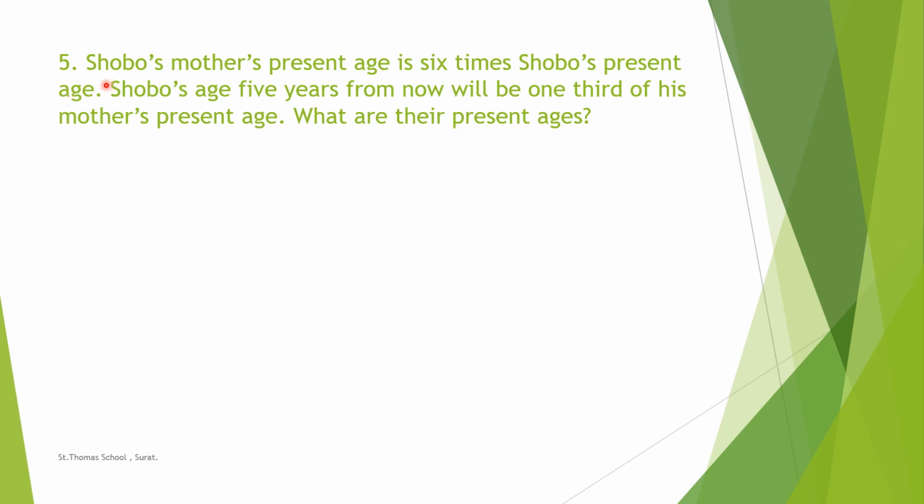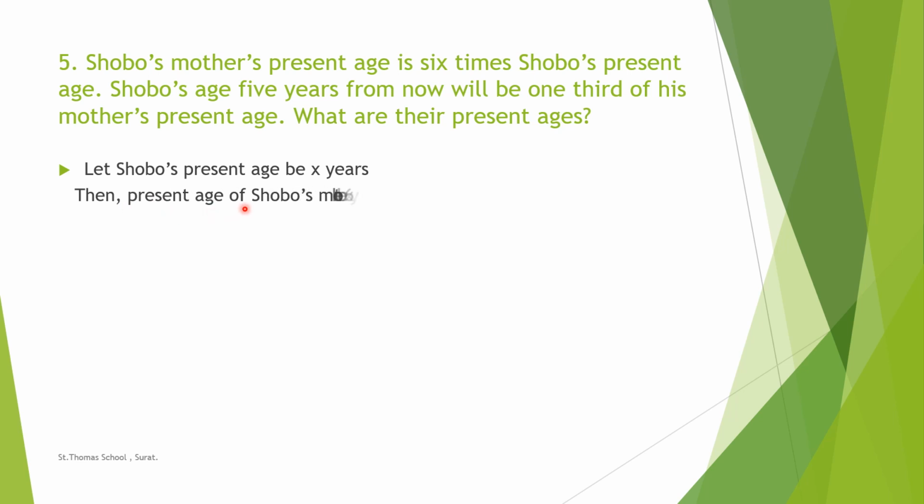There is a boy, his name is Shobo, and his present age is not given, so we are taking it as x. Let Shobo's present age be x years. Now, what is the present age of his mother? It is 6 times Shobo's present age. 6 times means 6 multiplied by Shobo's present age, which is x. So, the present age of Shobo's mother is 6x years.